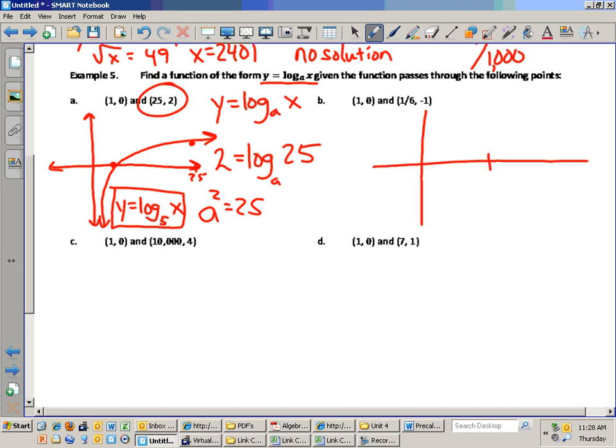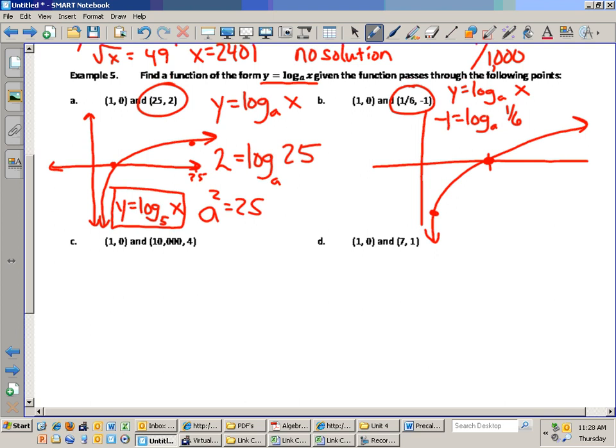The second one passes through 1, 0. I'll plot that point. And then 1/6, -1. So if 1/6 is here, -1 might be there. The graph looks something like that. And I again have y equals log base a of x. What is my y value? -1 equals log base a of 1/6.